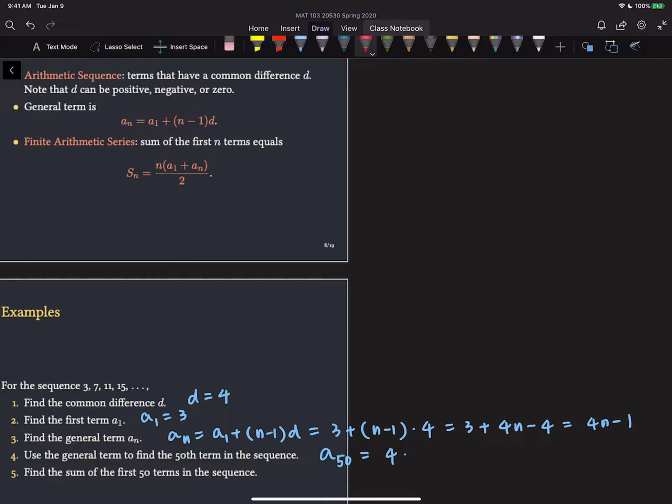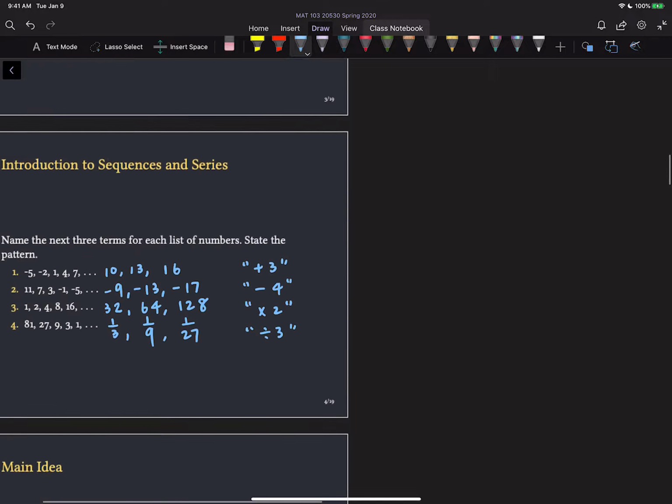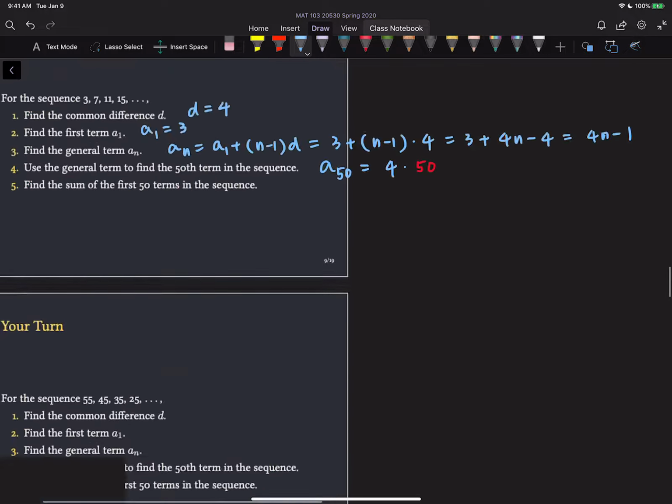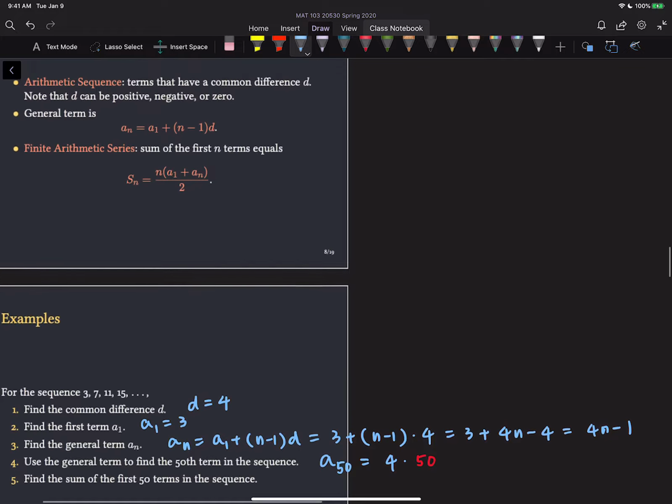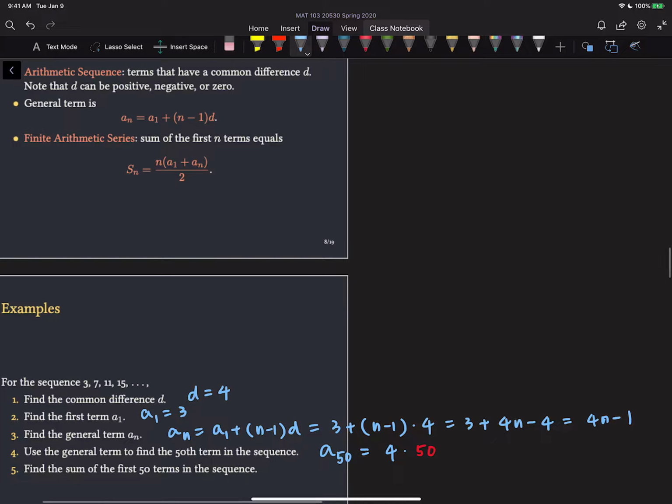Now n becomes 50, so we replace n with 50, and then you complete the calculation. So we have 4 times 50 minus 1. That is 200 minus 1, which is 199.